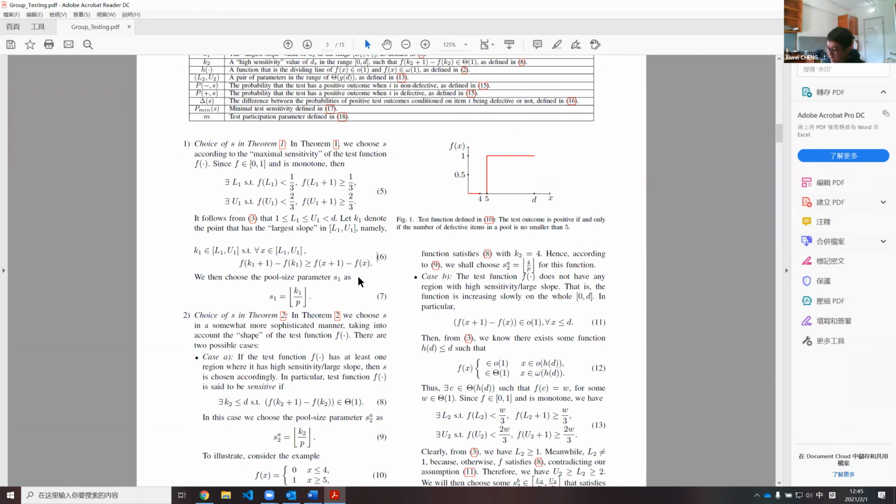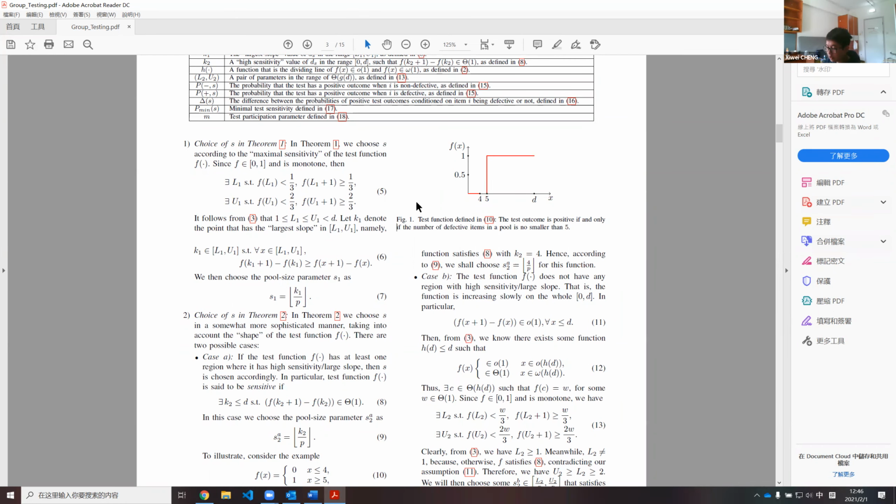Then we can choose S as K1 over P. So equation 5 restricts the value of P minus, and the largest increment restricts the value of delta. For example, for the function shown in figure 1, we will choose S1 as 4 over P.